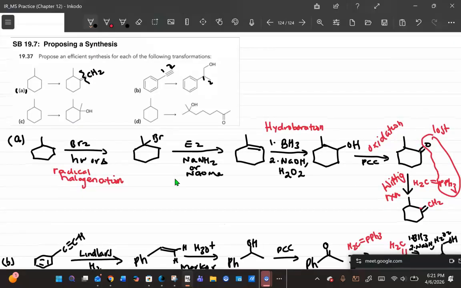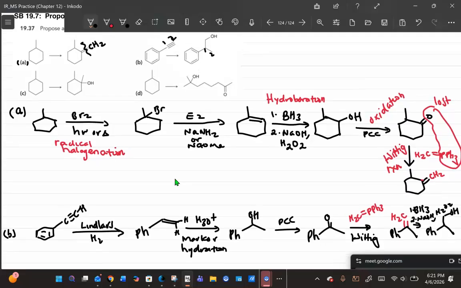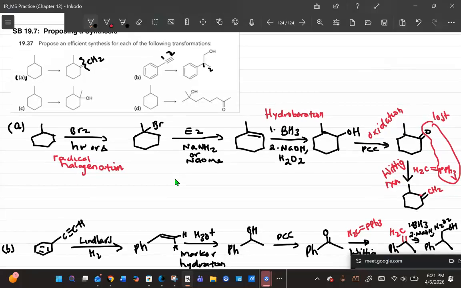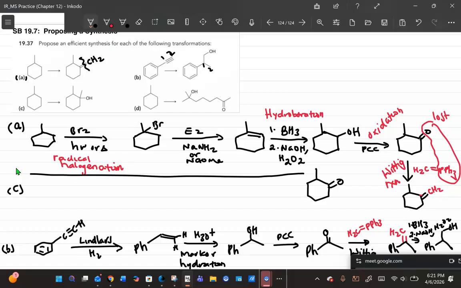So let's look at C. I think we did something in regard to C. You see how we went up to here for C. You go the same way to this point. Same steps. Now when you get there, you do a Grignard, because we have one extra carbon. We have this CH3 that you can bring up as a Grignard, like you said.